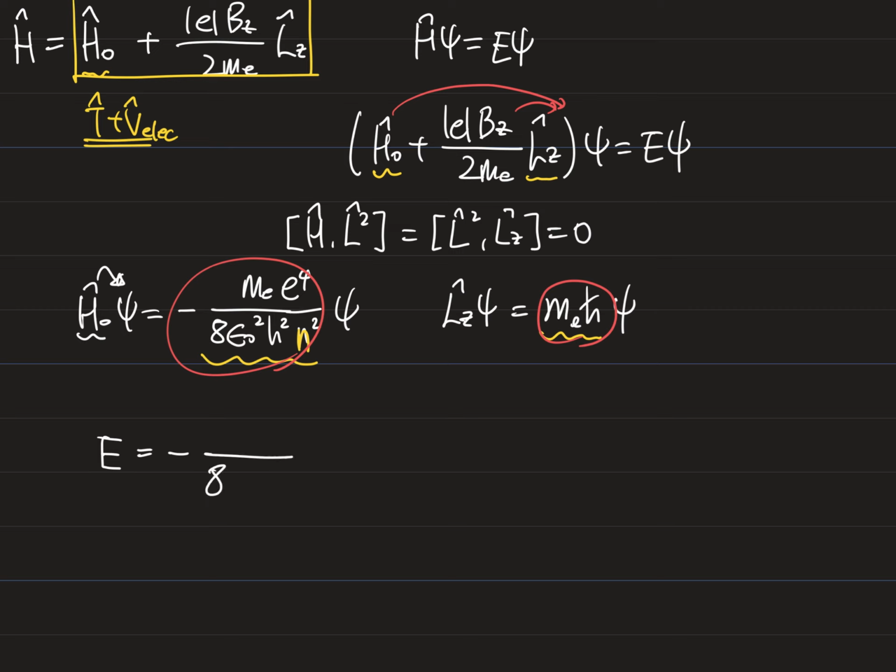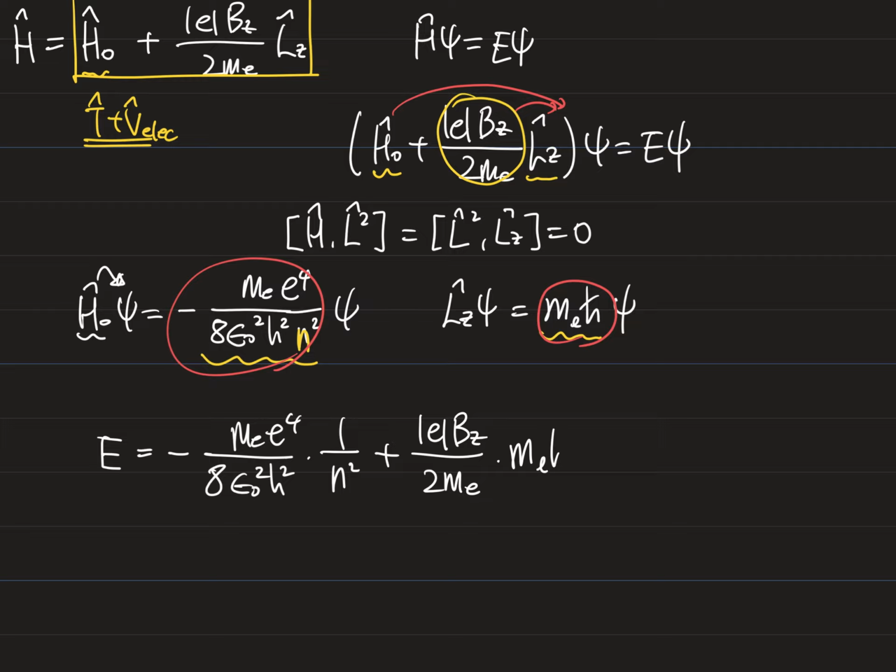So minus, and 1 over n squared plus, so there is a constant already here, E. So this is the energy levels of a hydrogen atom in the presence of the magnetic field.